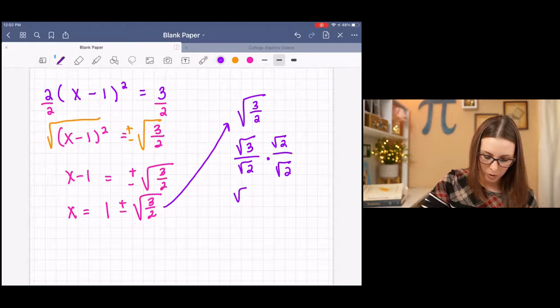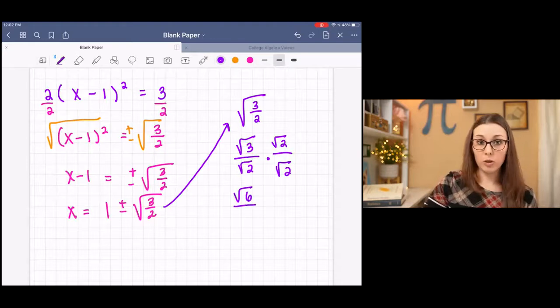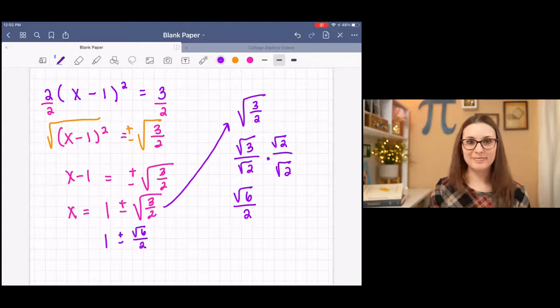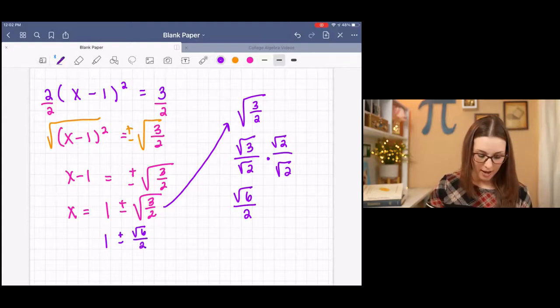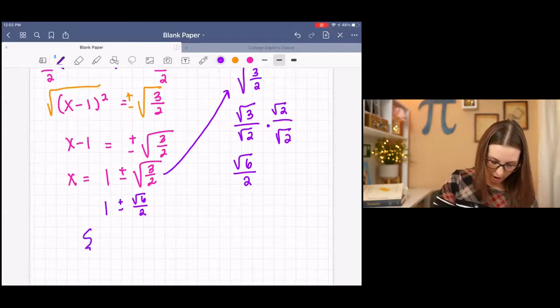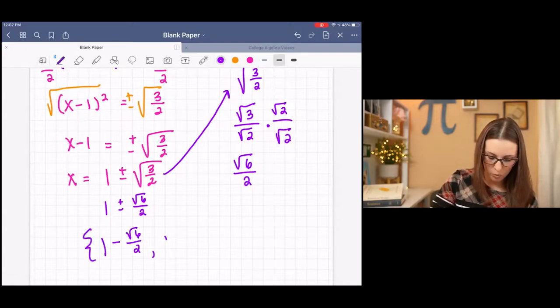And we end up with square root 6 over square root 4. Square root 4 is 2. Which means I'm going to rewrite this as square root 6 over 2. And I have my two solutions. I have 1 minus square root 6 over 2 and 1 plus square root 6 over 2.